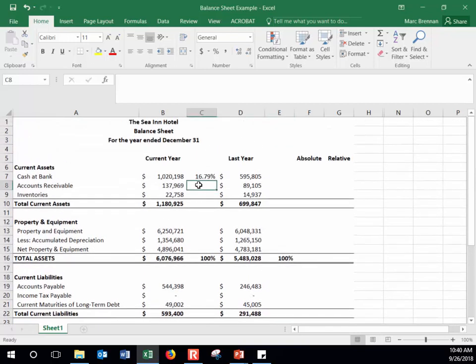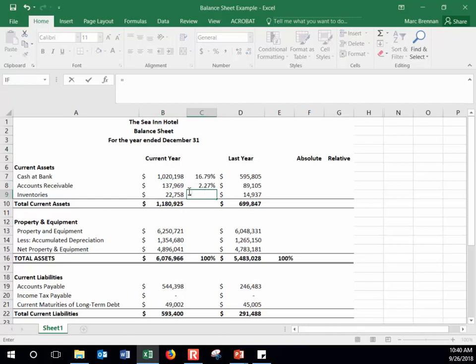So for our accounts receivable, we go $137,969 divided by, again, my total assets, and turn that into a percentage. You would multiply by 100 and keep two decimal places. 2.27% of my total assets are accounts receivable. 16.79% of my total assets is my cash. That's how we would read that.